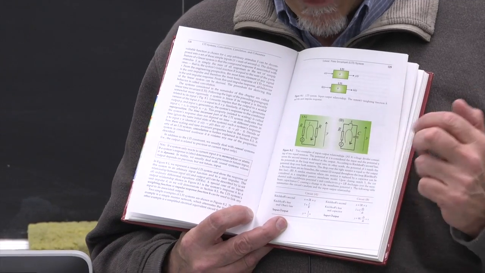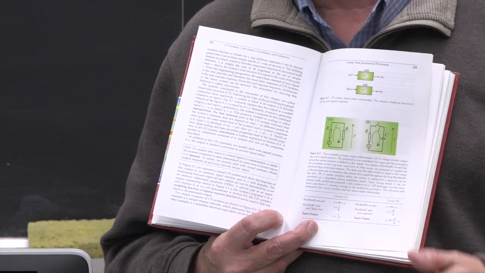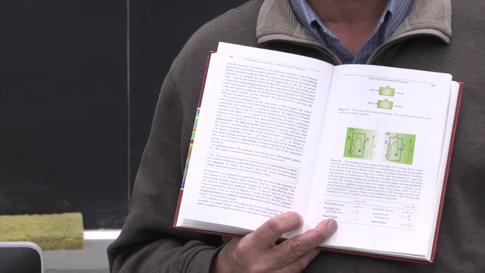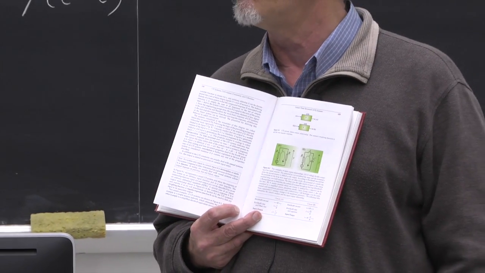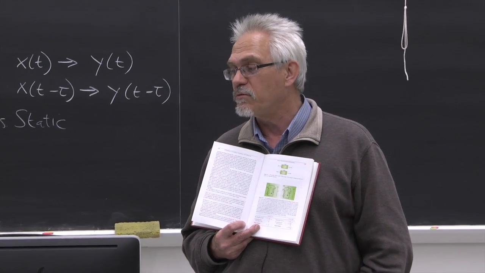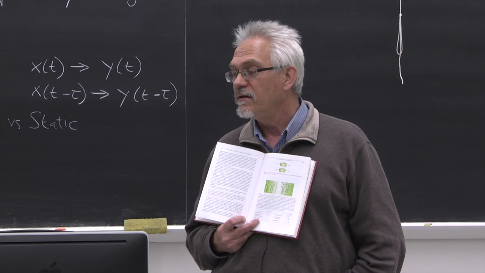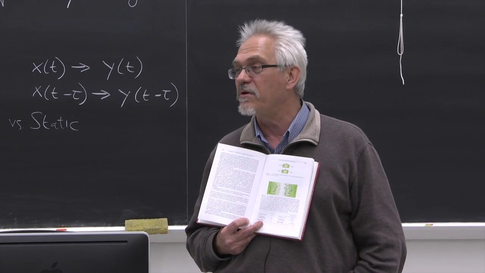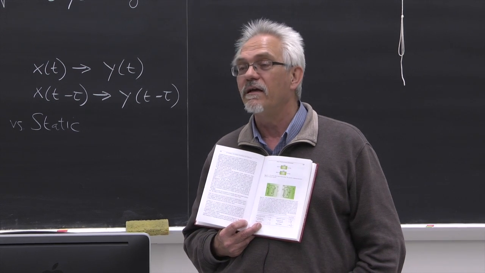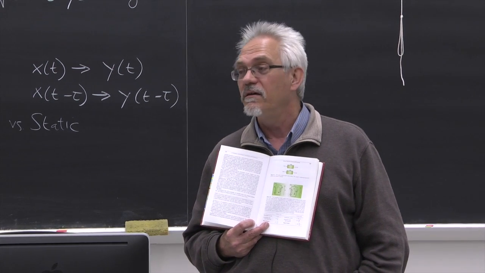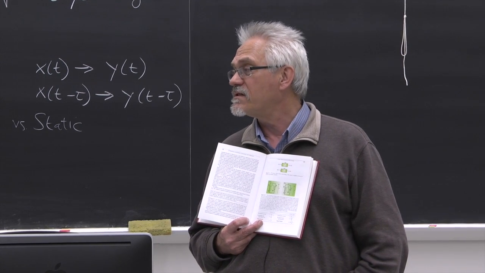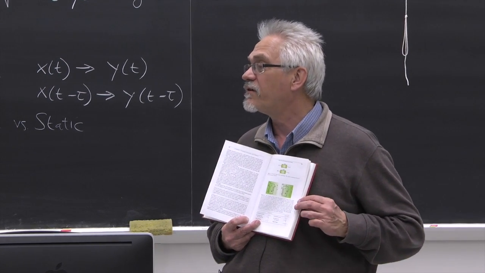If you replace one of the resistors with a capacitor, you can use that as a simplified version of the membrane model of Hodgkin and Huxley that you probably have heard of. Then there is a little bit of memory in the system, and the system becomes dynamic. And as soon as the system is dynamic, we have to describe it with differential equations. If the system is static, you don't need differential equations.